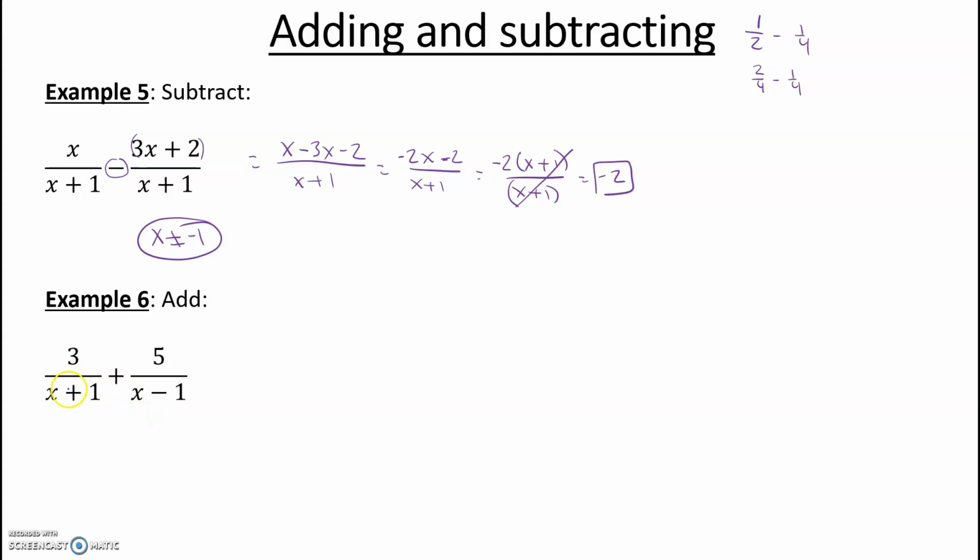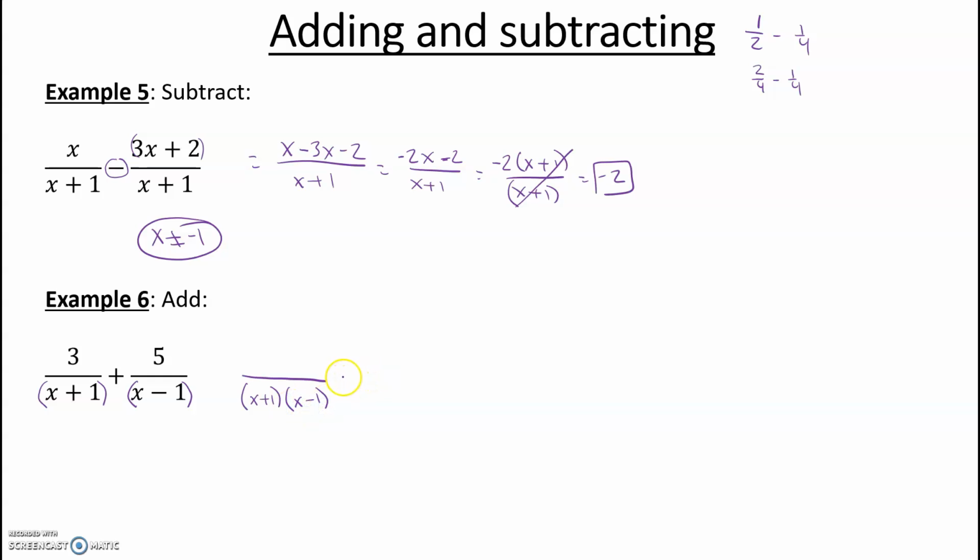Now if you look here, x plus 1, x minus 1, that is not a common denominator. So we need to have an x plus 1 in our denominator and an x minus 1 in our denominator. So we're going to go ahead and make our denominator x plus 1 and x minus 1.